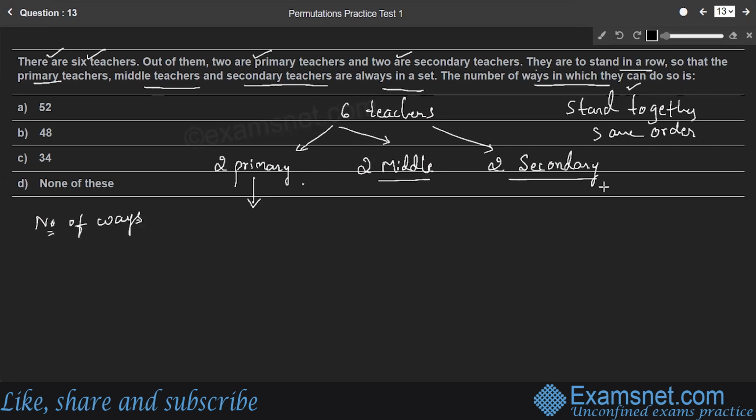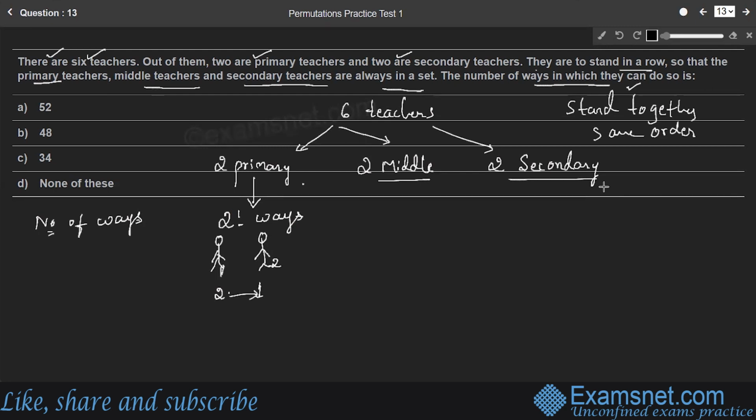The number of ways 2 primary teachers can stand is nothing but factorial 2 ways. There are 2 teachers, in 2 ways they can stand. That means one teacher can stand at first and another teacher can stand after the first teacher, or the second teacher can stand at first and the first teacher can stand next to the second teacher.